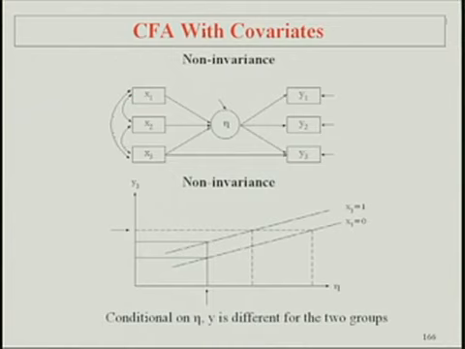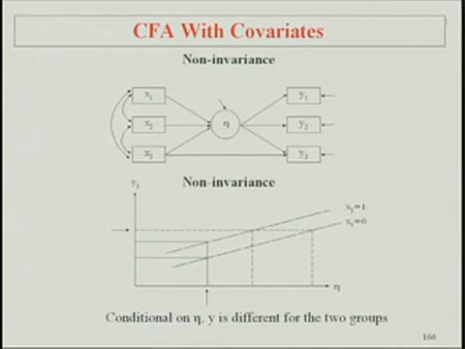So the direct effect influences Y3. Again, what is the influence of a dummy variable on the dependent variable? It shifts the mean. So the conditional mean of Y3, here's how I would say it, the conditional mean of Y3 for a given factor value is different for males and females.